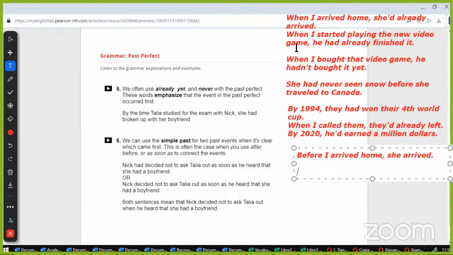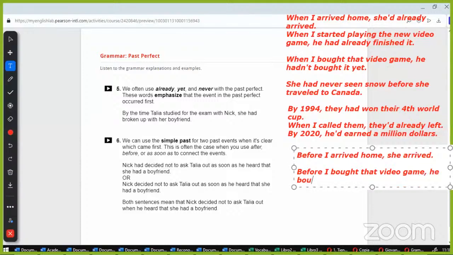Before I arrived home, she arrived. Or she didn't see snow. Well, it's not so clear there. Like, before I bought a video game, he bought it.